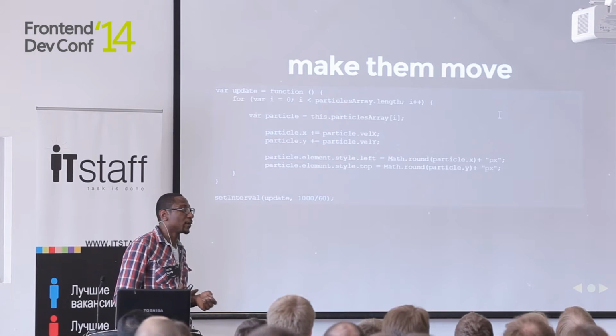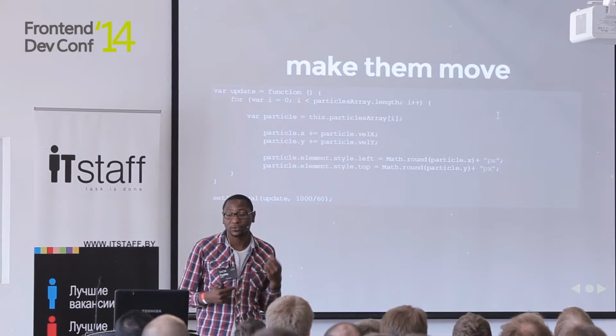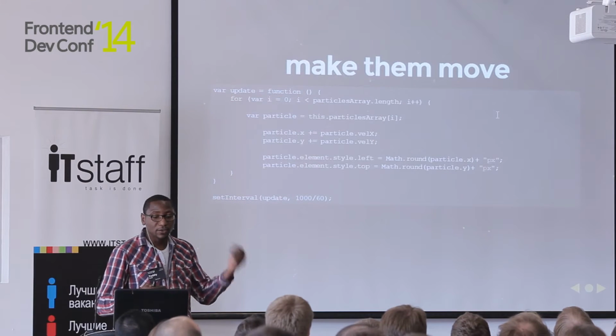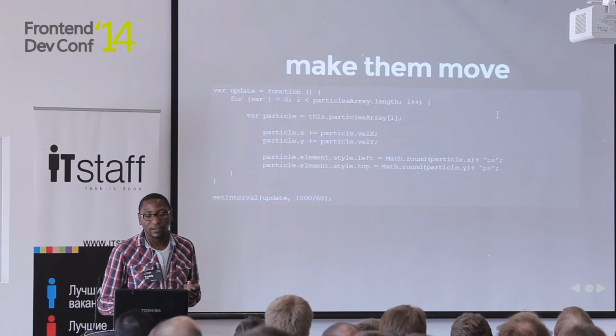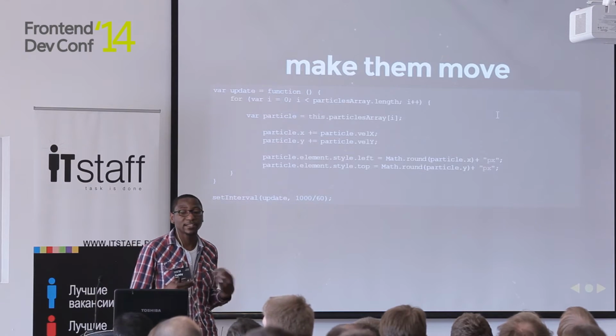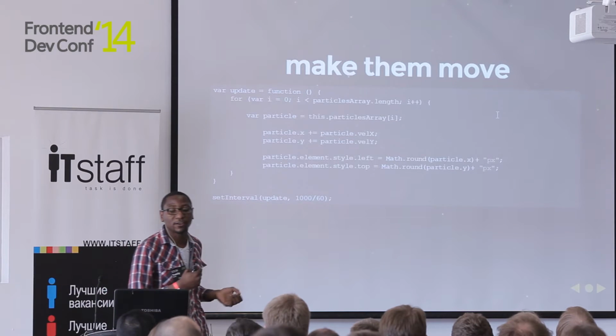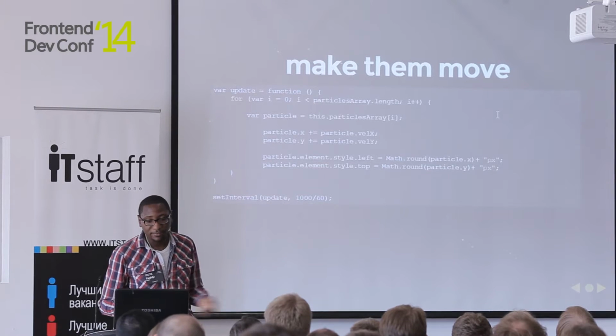To make them move, it is almost the same process as to create them. We create a loop inside the setInterval, and we update the x position by adding its velocity x, and the y position by adding its velocity y.